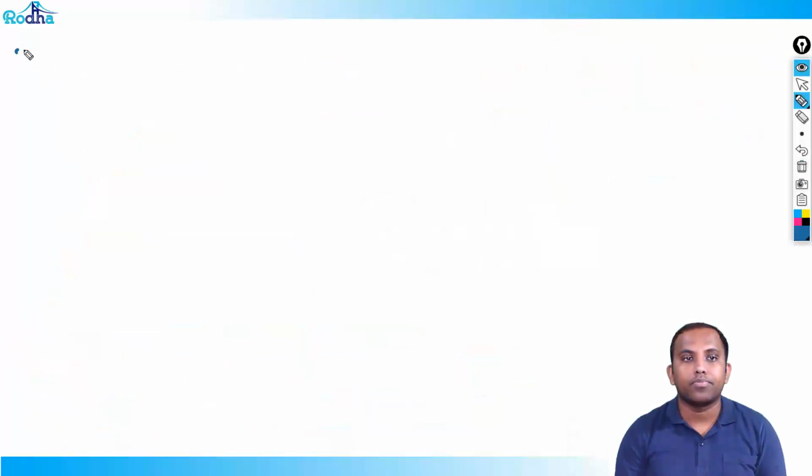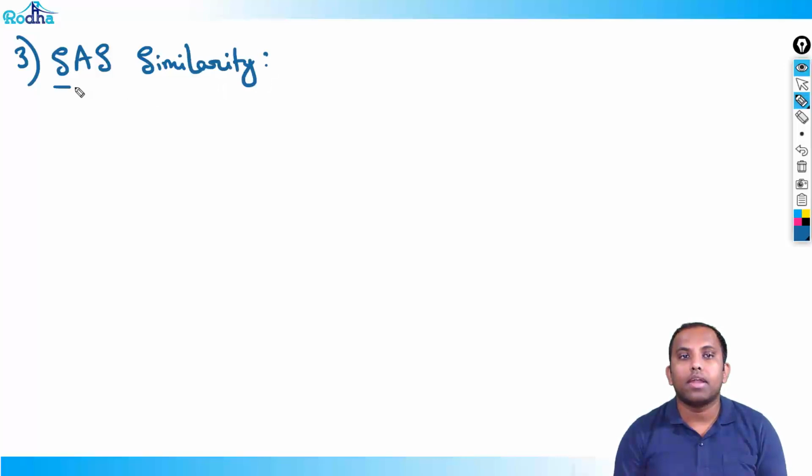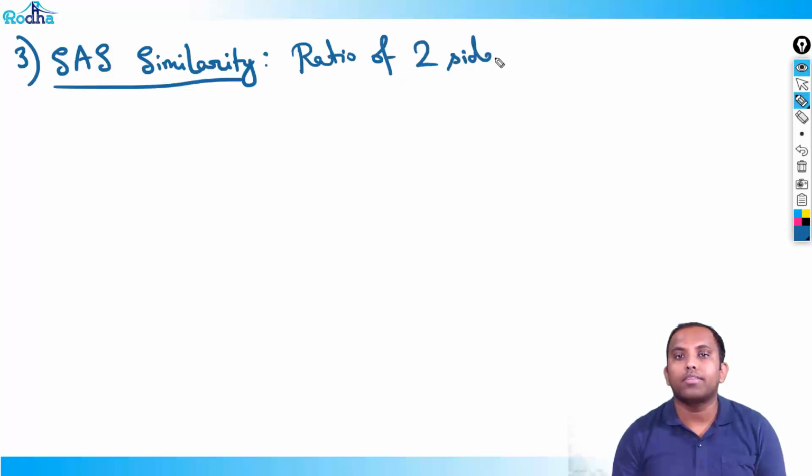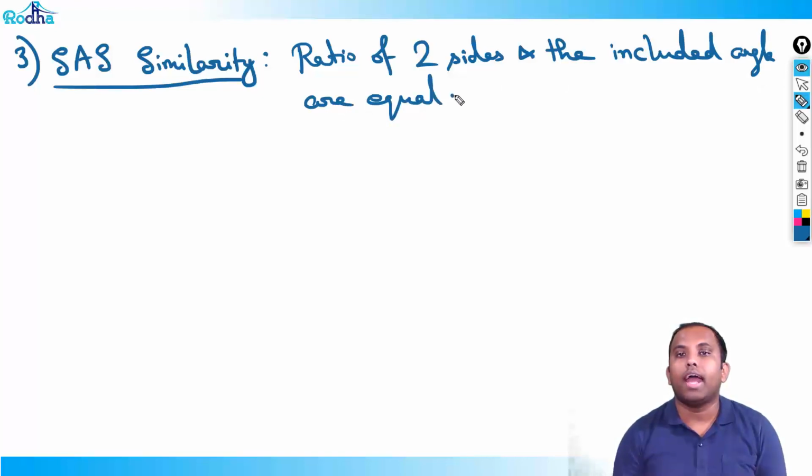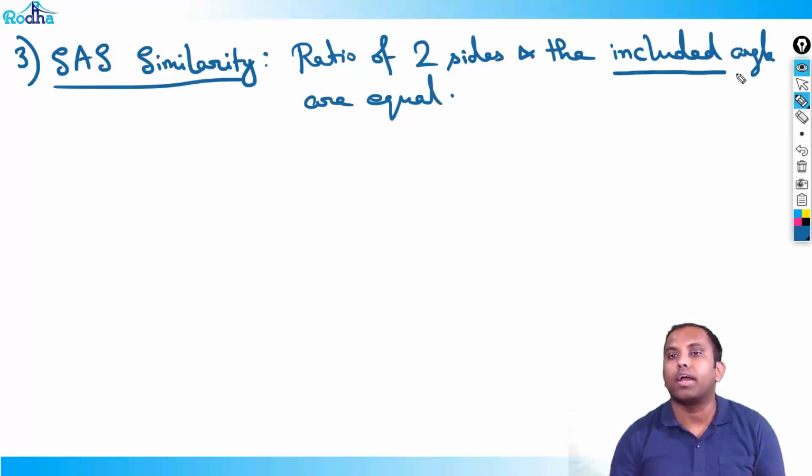The third one is SAS similarity. Now what is SAS similarity? SAS similarity is basically when the ratio of two sides and the included angle are equal, right? It has to be an included angle, obviously.